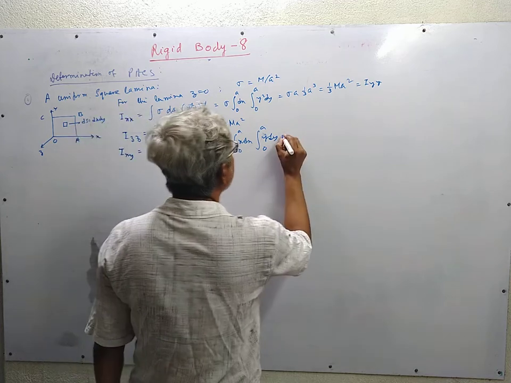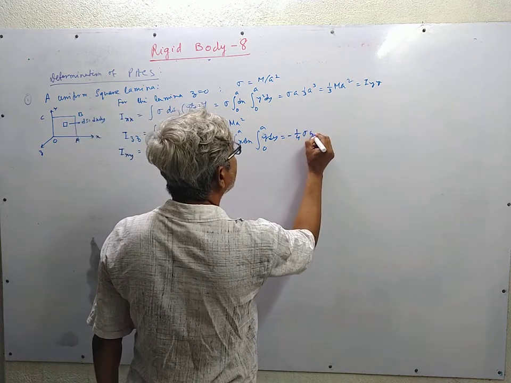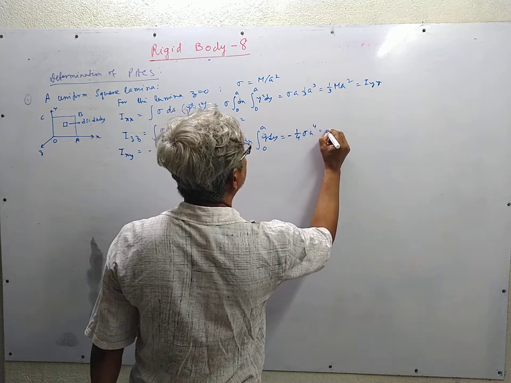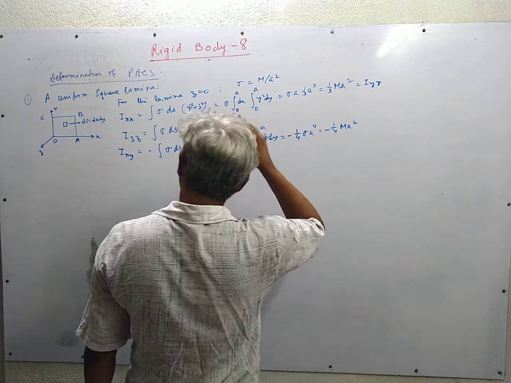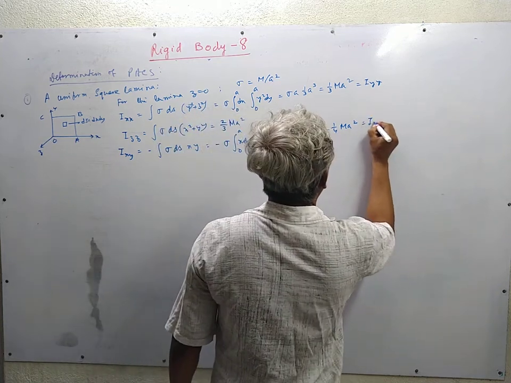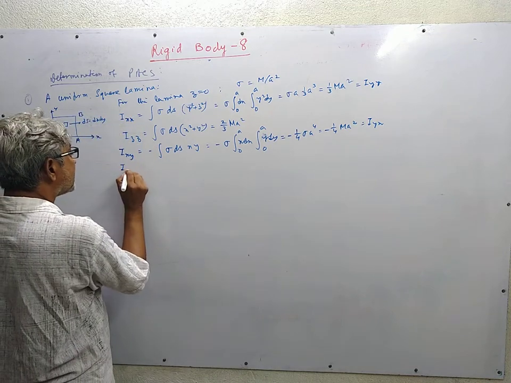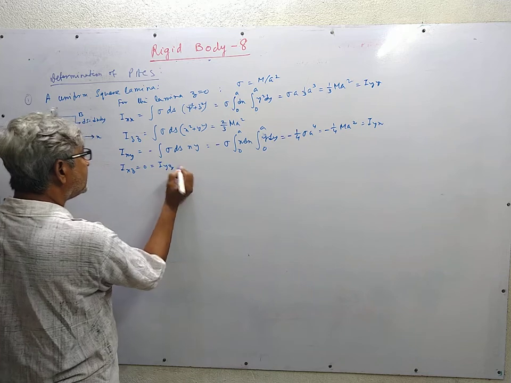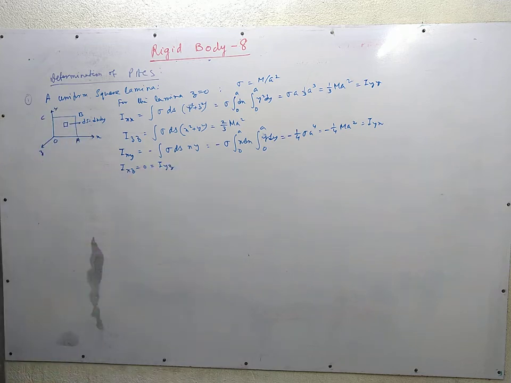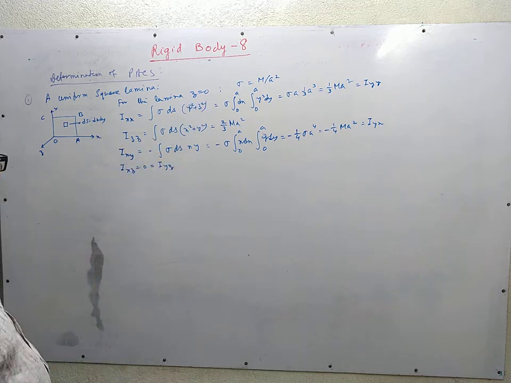So this is minus 1/4 sigma a to the power 4, which is minus 1/4 m a square, and this is equal to Iyx. And the other quantities, that is Ixz equal to 0 equal to Iyz, because they involve z in their integrand, and z is equal to 0 for the lamina.